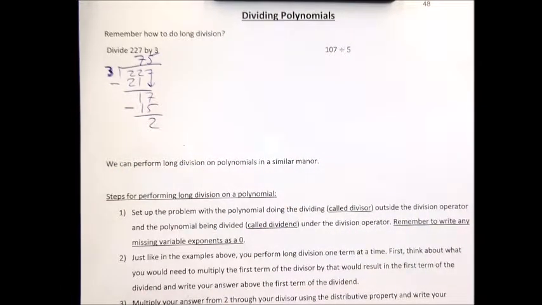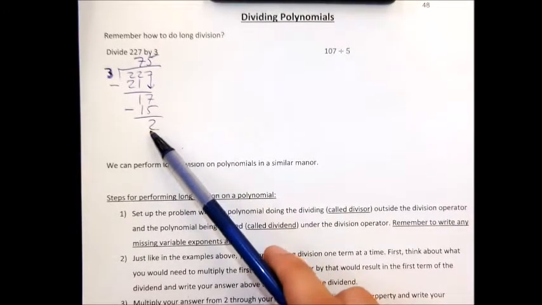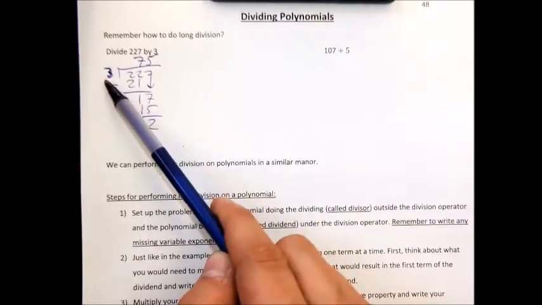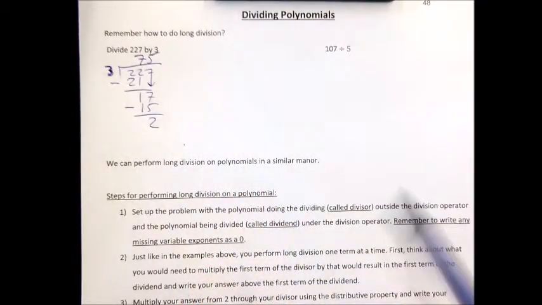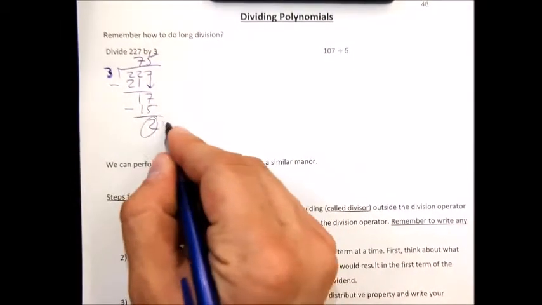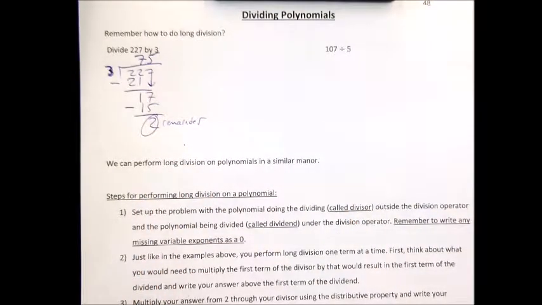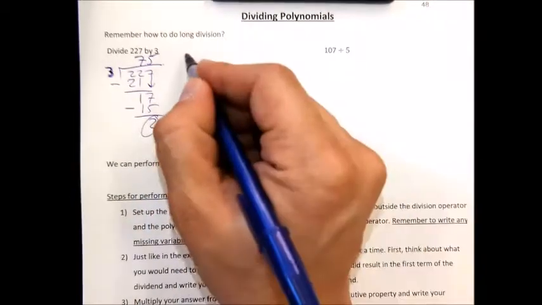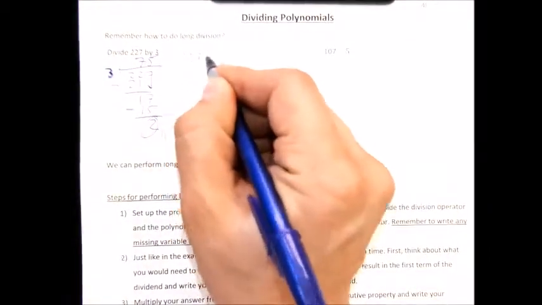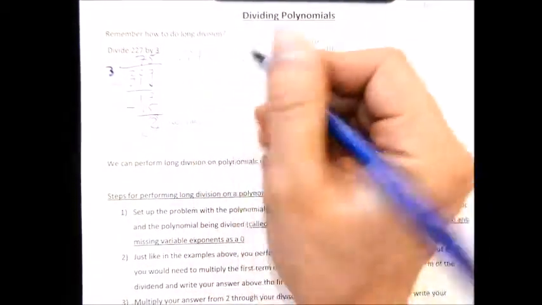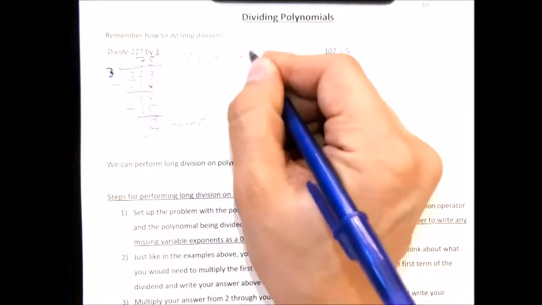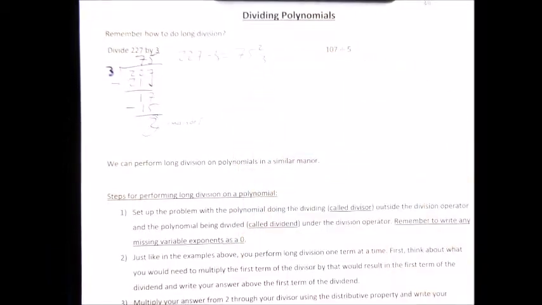This is where we know when to stop: we stop when the number down here is less than the number out front. This is our remainder. We can write our answer in two ways. We can say that 227 divided by 3 equals 75 and 2/3.